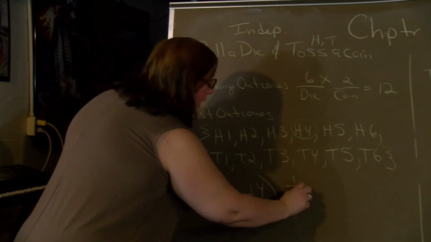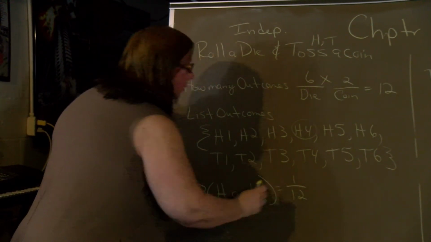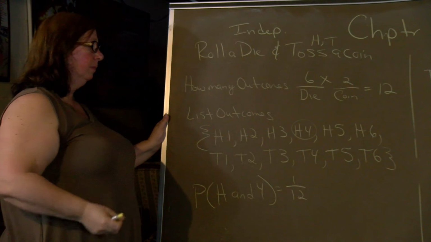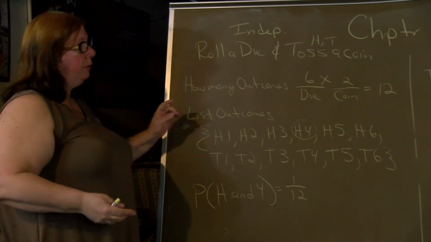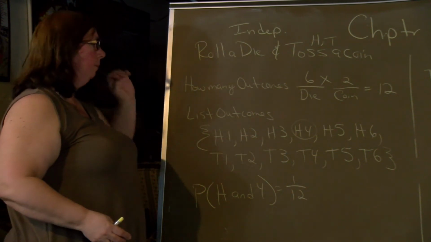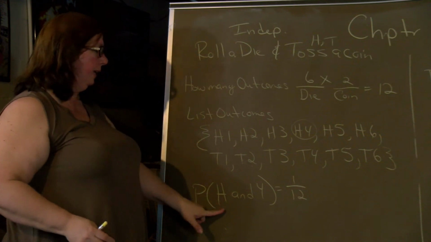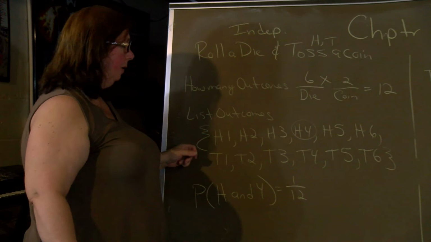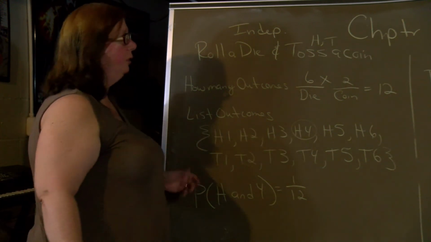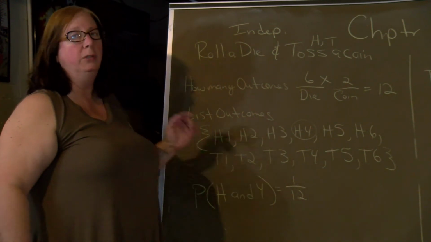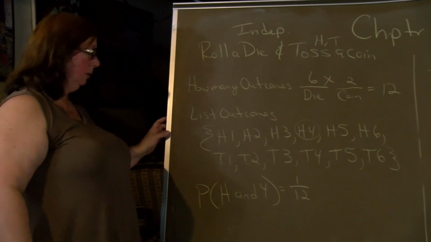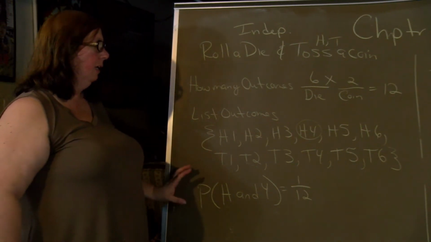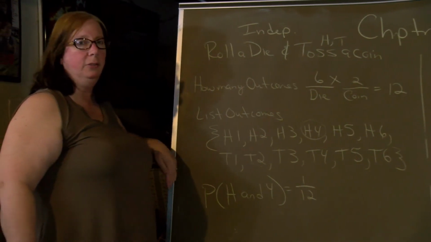So it's 1 out of the 12. If you did it the way we were doing it earlier, the probability of the head would be 1/2 times the probability of the 4, which is 1/6. Multiply them together, you get your 1/12. But I think having the list is a little easier.